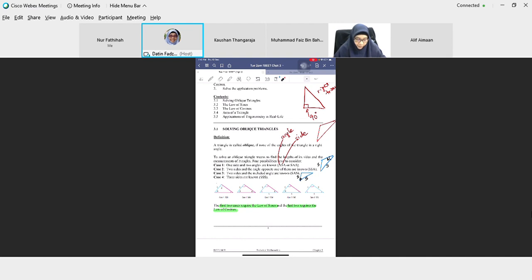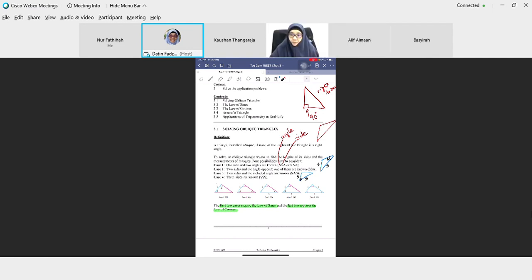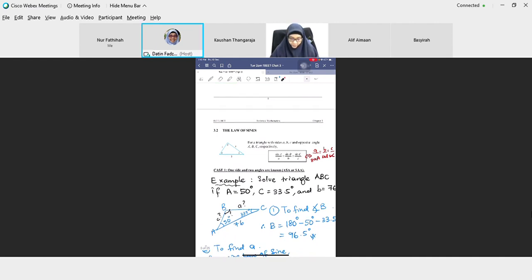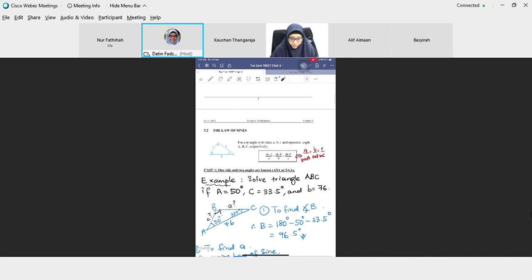Out of the 4 cases, we said that the first 2 cases we are to solve using the law of sine, whereas the other 2 cases we are going to solve using the law of cosine. For the law of sine, this is the equation: sine A over a equals sine B over b equals sine C over c.